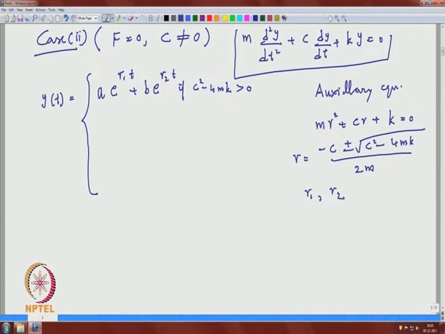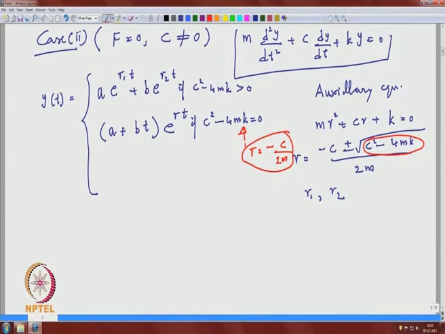If it is a double root, again you know how to find solutions, which we will see later: A and B are arbitrary constants, (A plus B t) e power r t, if c squared minus 4mk is equal to 0. In this case r is equal to minus c by 2m.